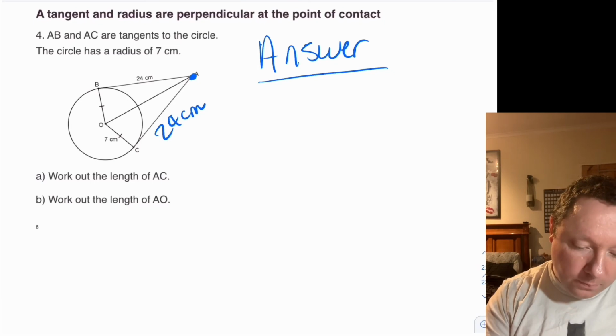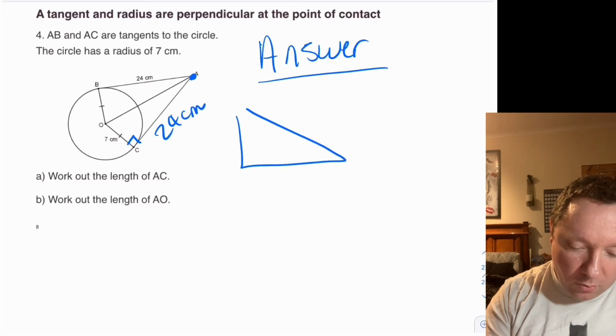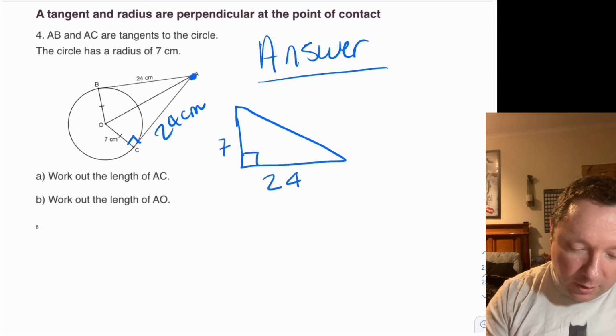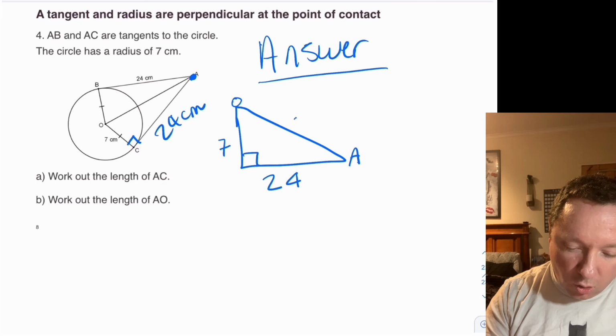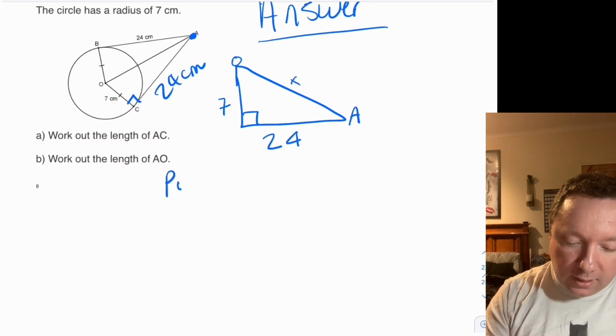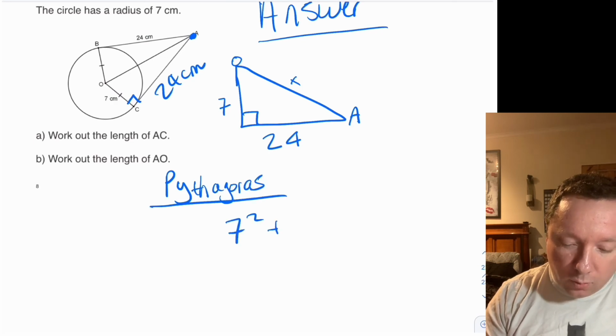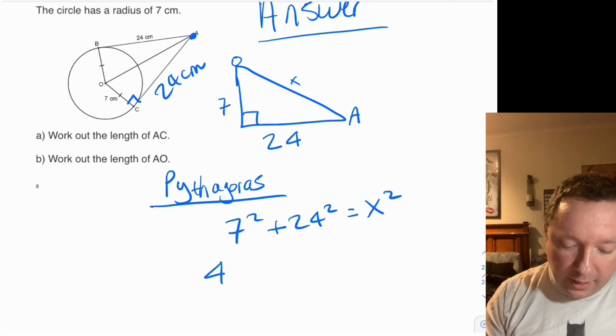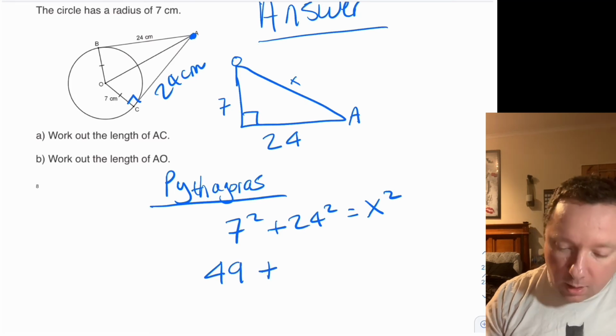Okay, so if I look at this triangle here, that is a right angle triangle because a tangent meets a radius at right angles. So since we've got a right angle triangle, if I draw that out, we can use Pythagoras. We've got 24 here, 7 here, and then there's my length OA here, which I'll just call X. So by Pythagoras again, we can say that 7 squared plus 24 squared equals X squared. 7 squared is 49. 24 squared is 576.